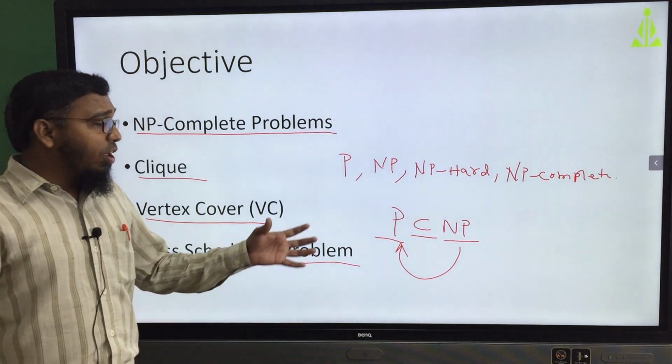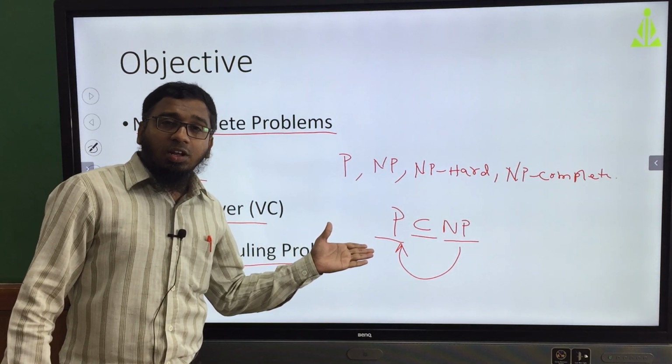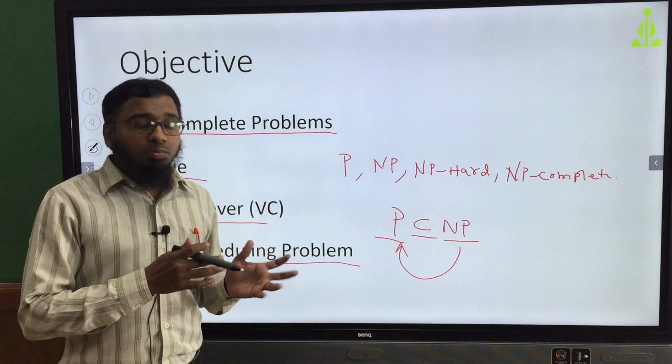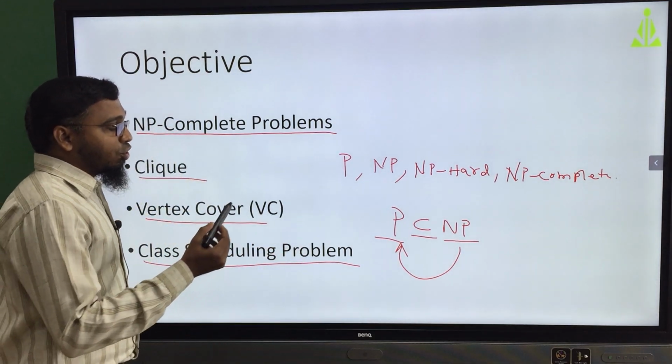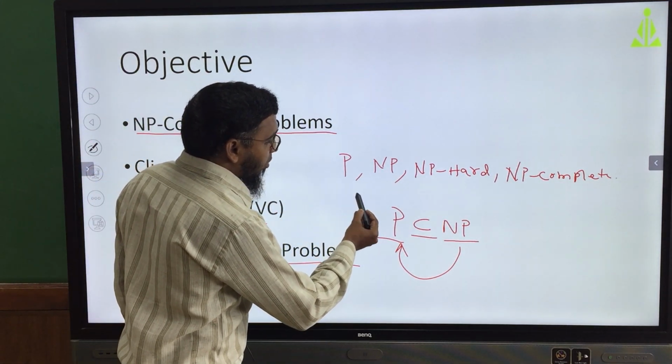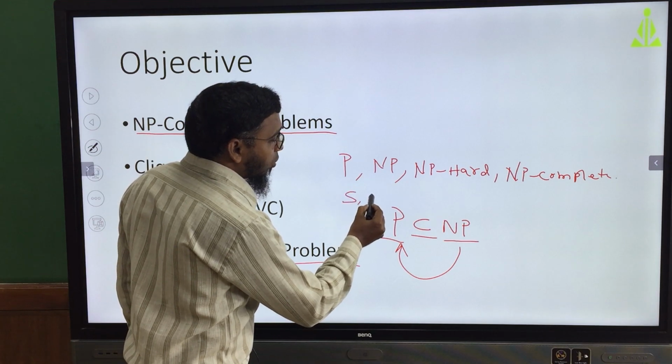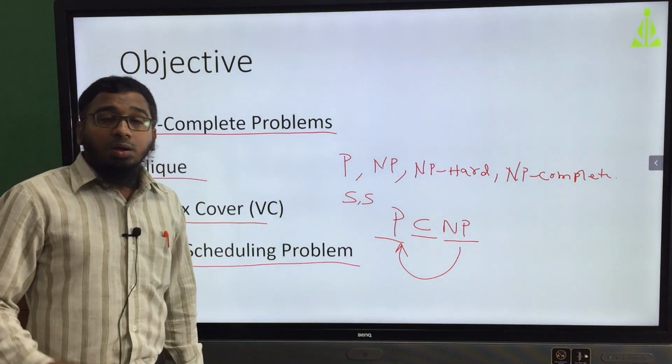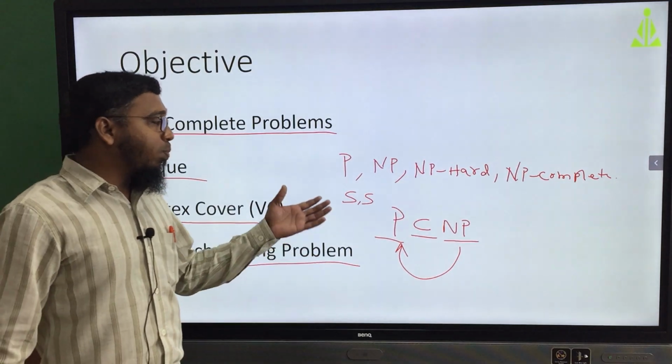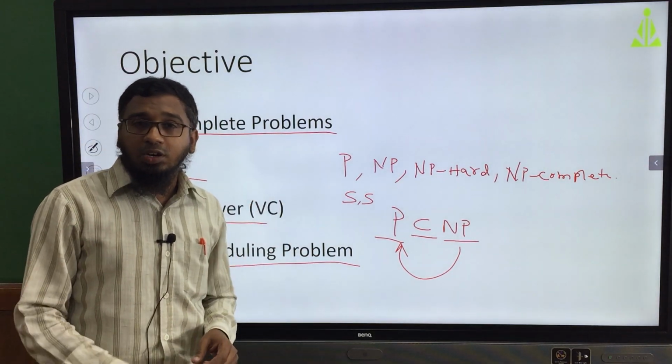The polynomial time problems, as we discussed in the previous lecture, are searching, sorting, binary search tree; that kind of problems can be solved in polynomial time.